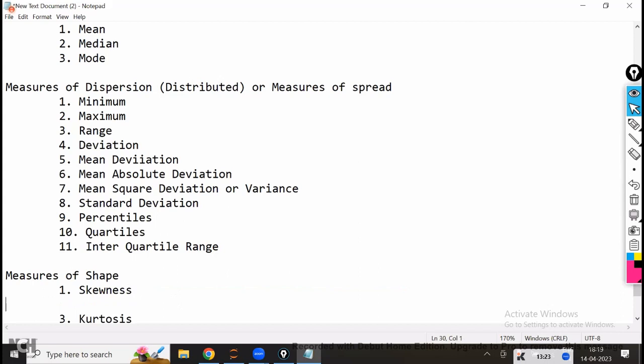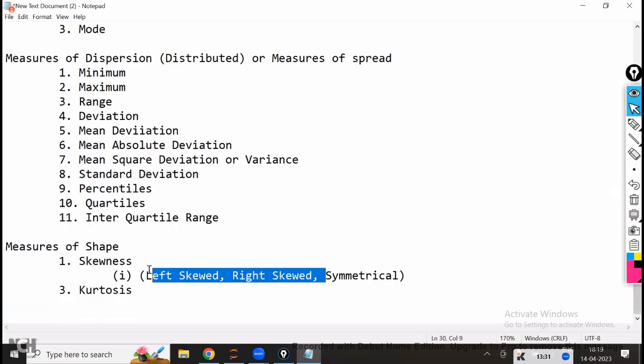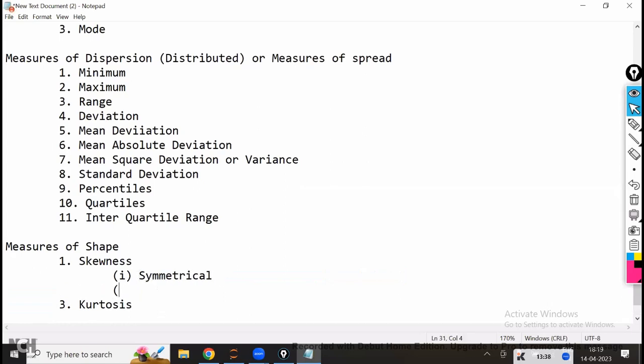One is symmetrical and one is non-symmetrical, which is also called unsymmetrical distribution. Skewness tells whether the data is symmetrical or unsymmetrical. Unsymmetrical is also called skewed distribution. If the data is unsymmetrical, then it is called a skewed distribution.